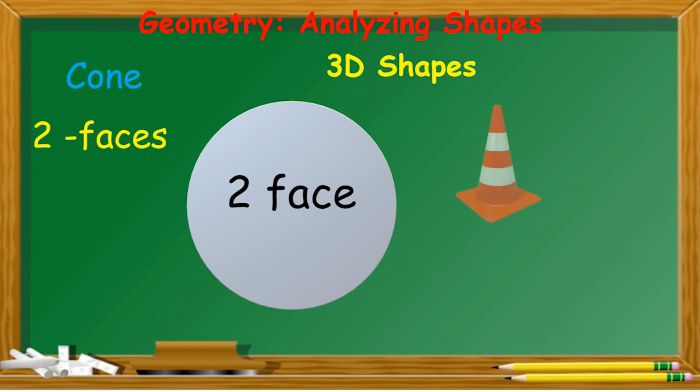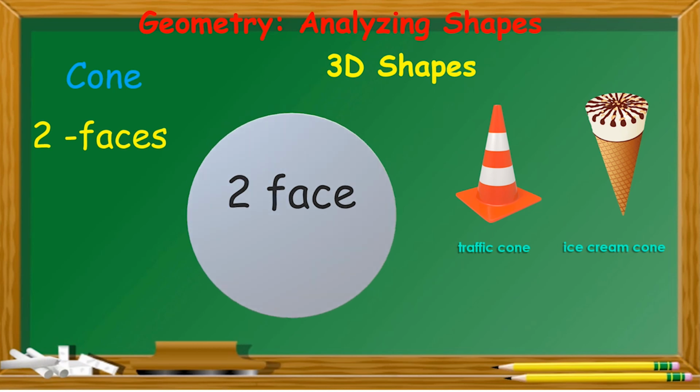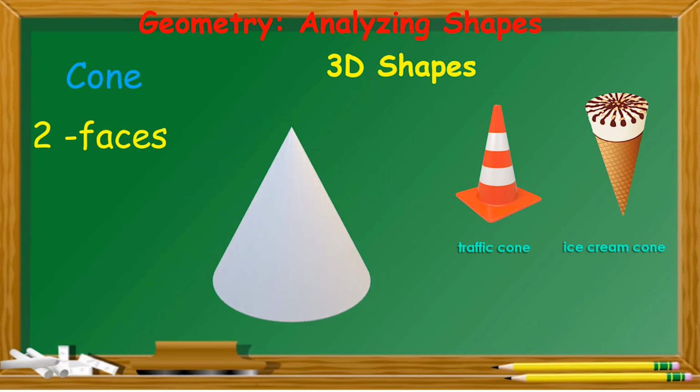And then next, a cone looks like a tropical cone, an ice cream cone. And next we have, what is this? That is a corner. So a cone has one corner.